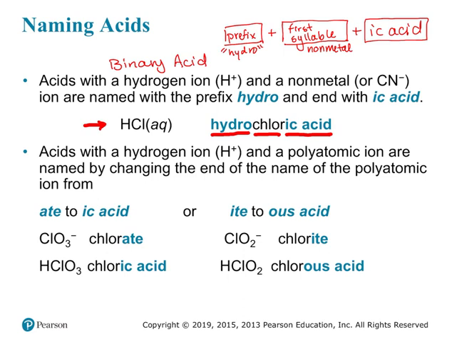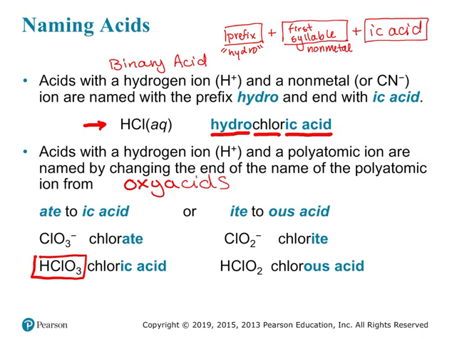Now, if you have an acid with a hydrogen ion and a polyatomic ion, that's where it can be a little more difficult. We call these oxyacids because most polyatomic ions contain oxygen. So let's say you have an acid where there's a hydrogen ion bonded to a polyatomic ion that ends in ATE.